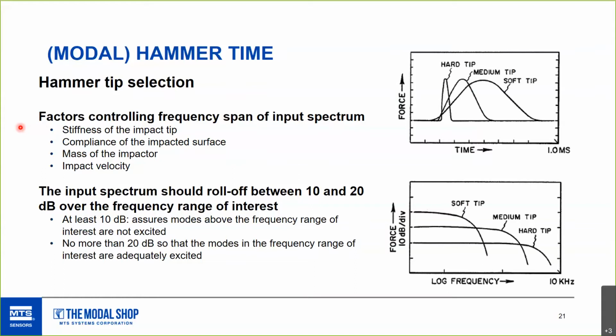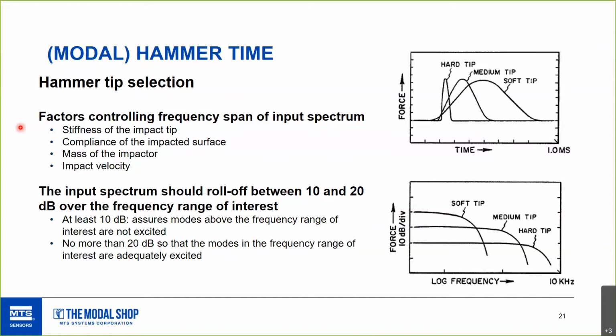And so conversely, in the frequency domain, you're imparting a lot of energy across a wide range of frequencies. So what that means is you're exciting the modes at the high frequencies. That may not always be the case. You may not always need that. Generally, the softer the tip, the lower the frequency concentration of your force impact is.